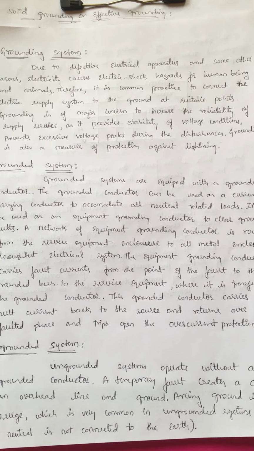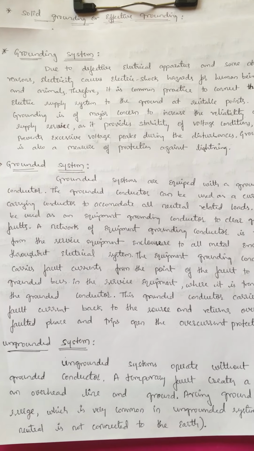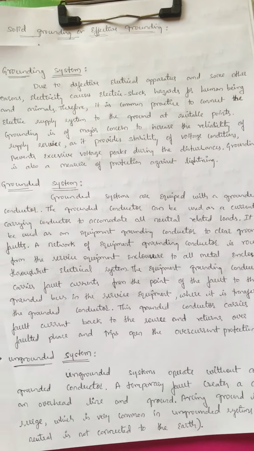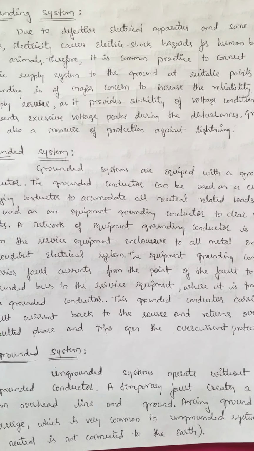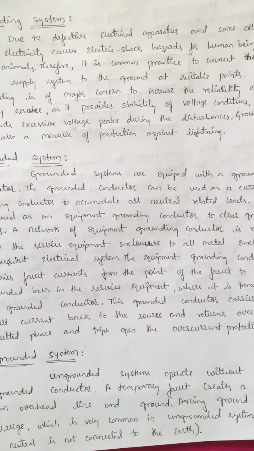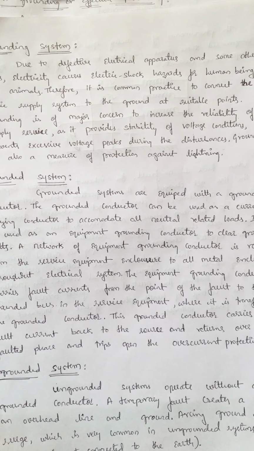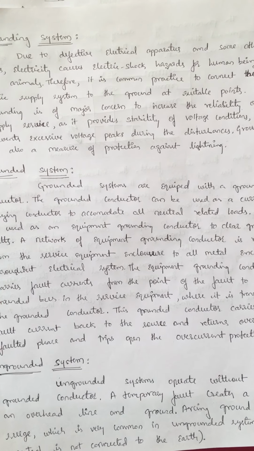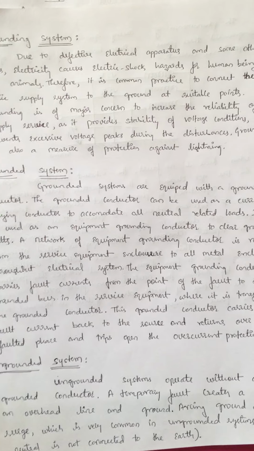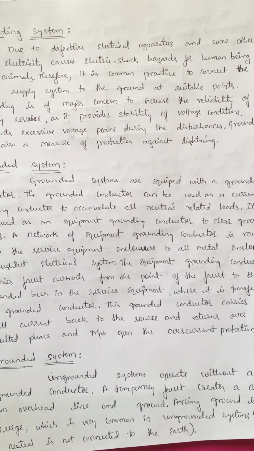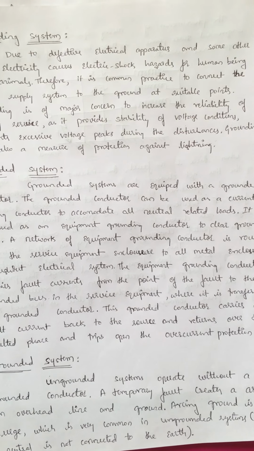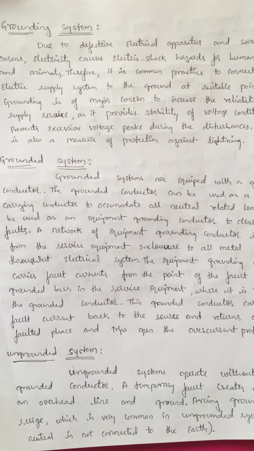This grounded conductor can be used as a current carrying conductor to accommodate all neutral related loads, and it can be used to clear the ground faults in the system.